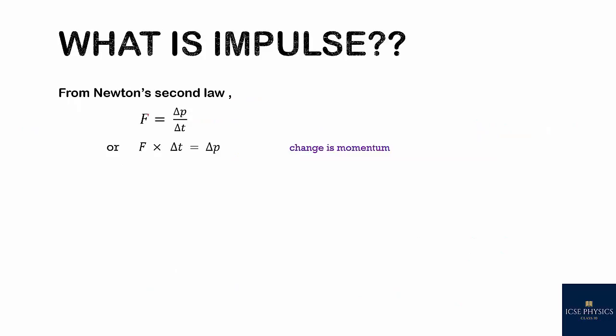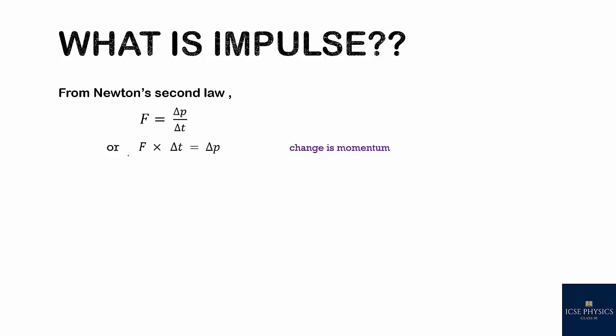Now let's see what is impulse. We all know that Newton's second law says that force is equal to the rate of change of momentum, that is, change in momentum by time. So if I bring this del t to this side, what will happen? Force into del t is equal to change in momentum, right?